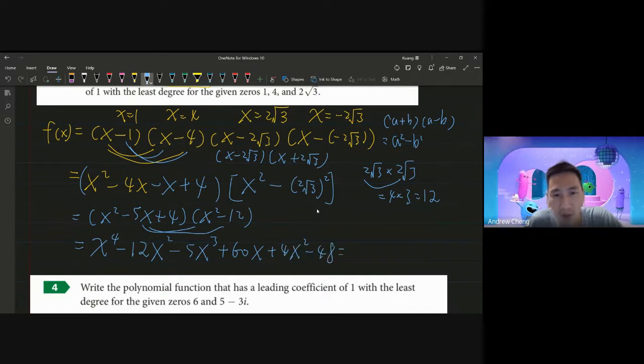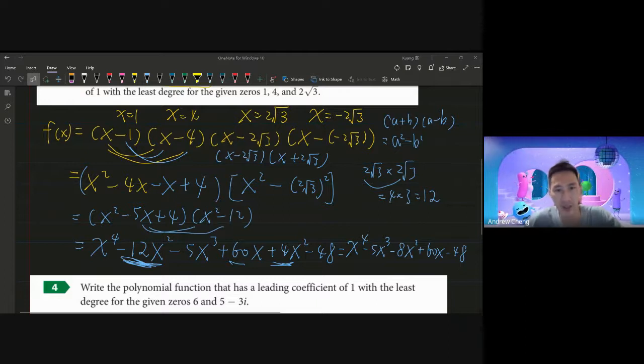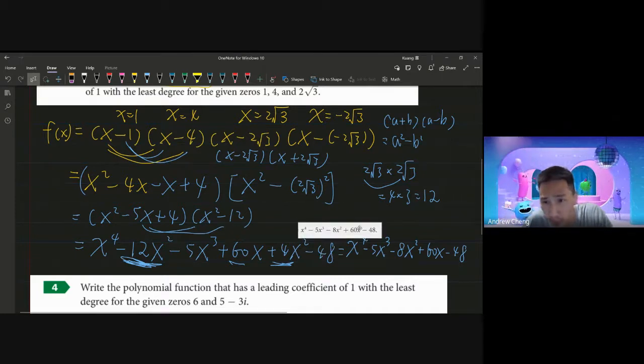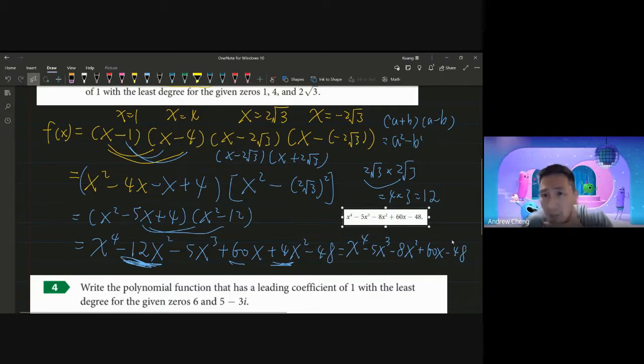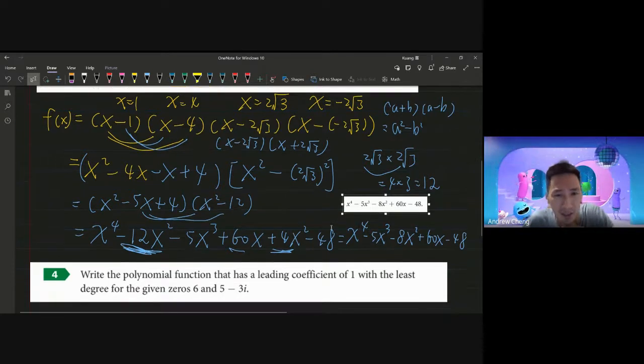Then it's x to the 4 minus 5x cubed, then the x squared term minus 8x squared, the x term plus 60x, minus 48. Am I right? Let me check. Yes, okay.